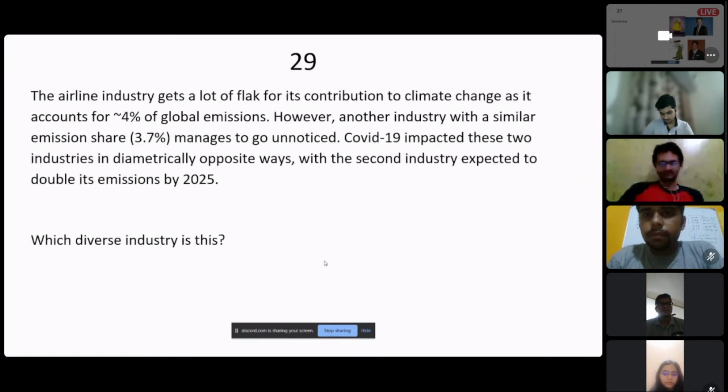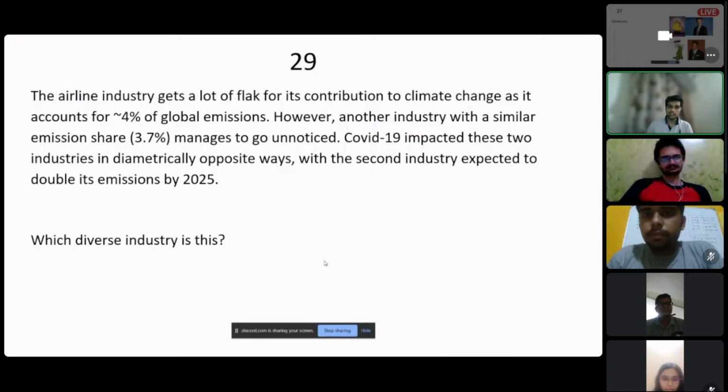Next question. Direct to P3. The airline industry gets a lot of flak for its contribution to climate change, as it accounts for approximately 4% of global emissions. However, another industry with a similar emission share of 3.7% manages to go unnoticed.